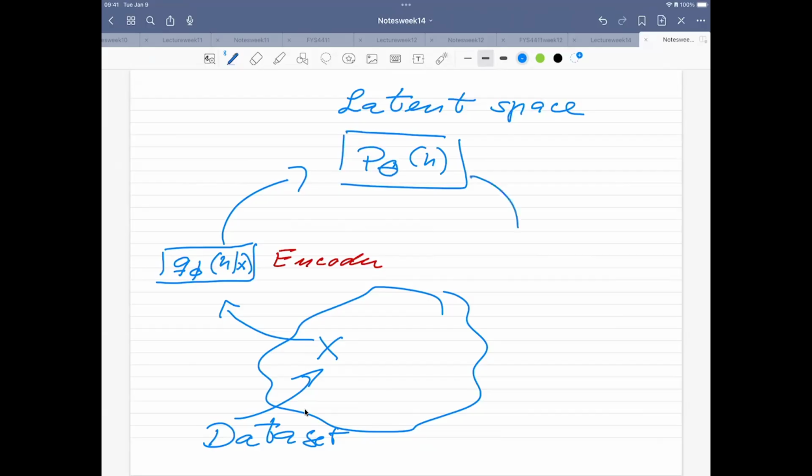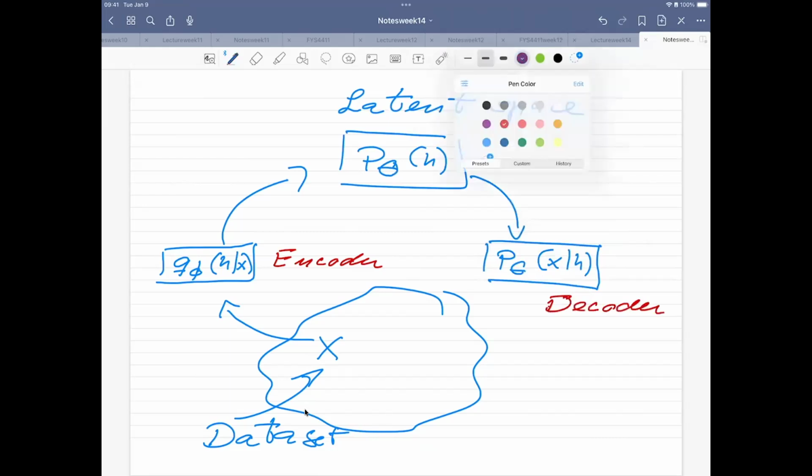And then this is used to transfer back again. So you have a parameter theta, and then you have x given h. This part which you see here is what we call the decoder. So that decodes information like we had with an autoencoder, and then it transfers the information over here.